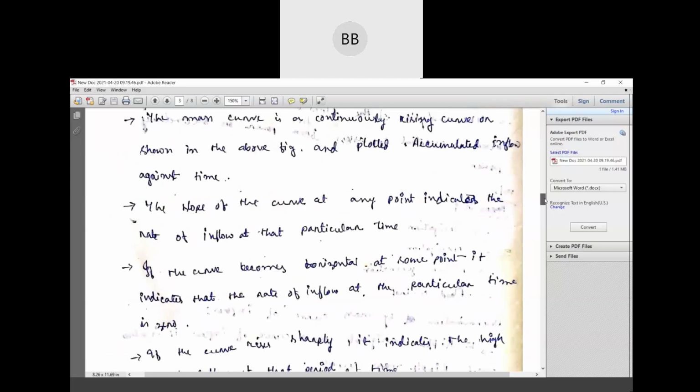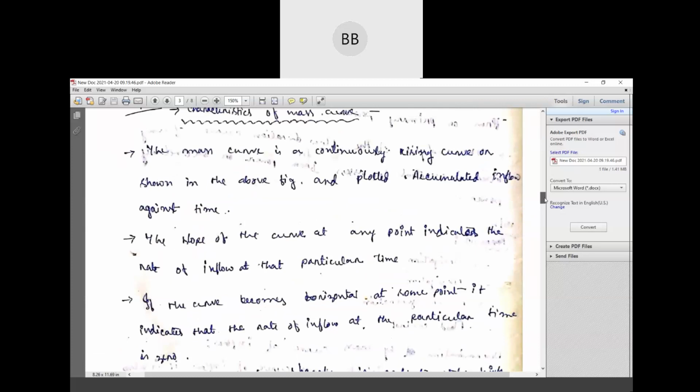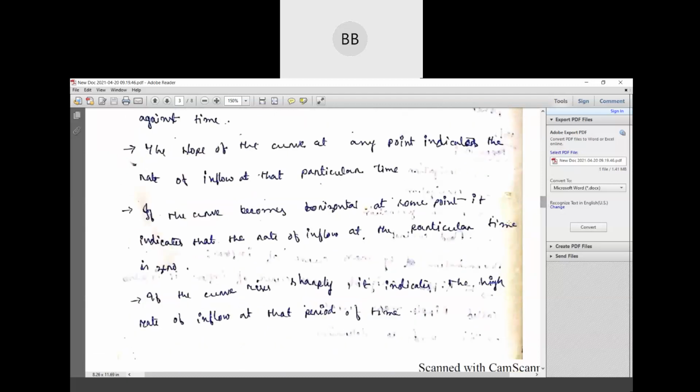It's very simple. First point, it's a continuous rising curve, and we plot accumulated inflow against time. Second, the slope of the curve at any point for a particular time gives us the rate of inflow.